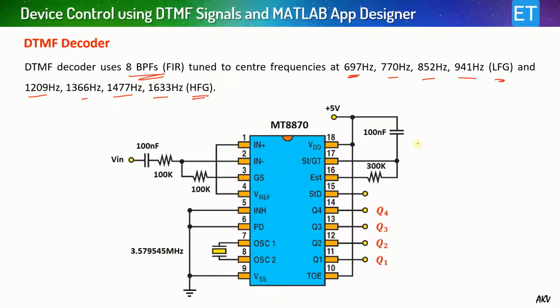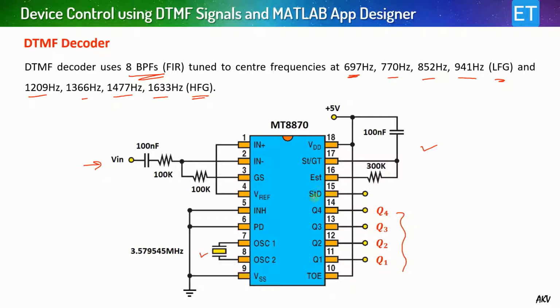So this is the circuit. If you are interested, you can make it on the breadboard. It is quite easy. You need very few external components, a few resistances, capacitances, and one crystal of 3.579545 megahertz. Here you will apply your input DTMF signal, and here you will achieve your corresponding binary output.